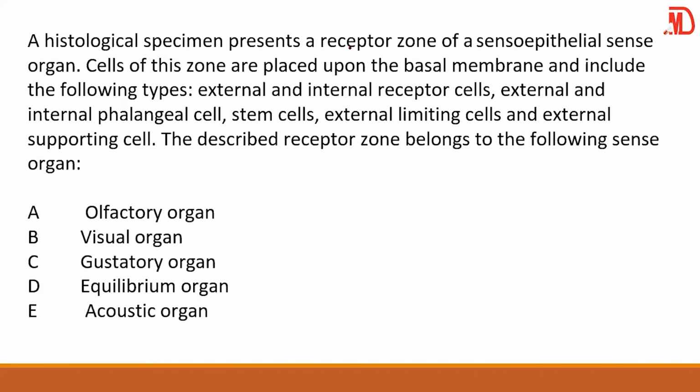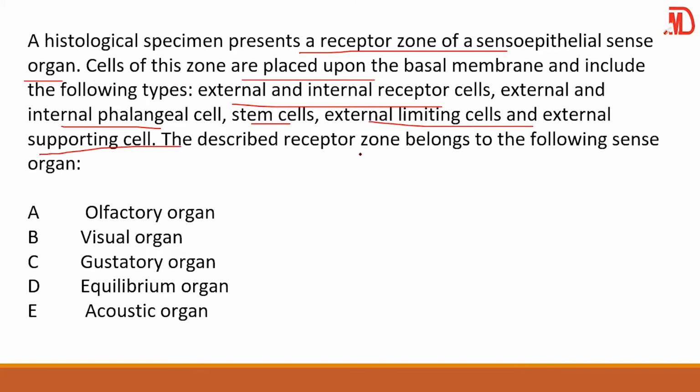A histological specimen presents a receptor zone of a sensoepithelial sense organ. Cells of this zone are placed upon the basal membrane and include the following types: external and internal receptor cells, external and internal phalangeal cells, stem cells, external limiting cells, and external supporting cells.